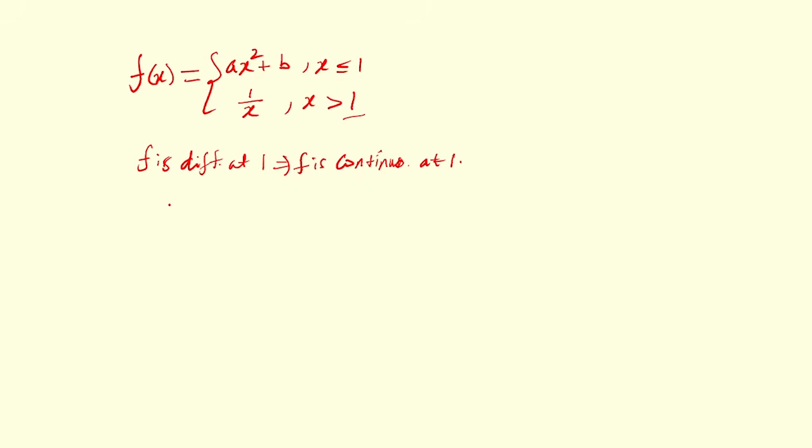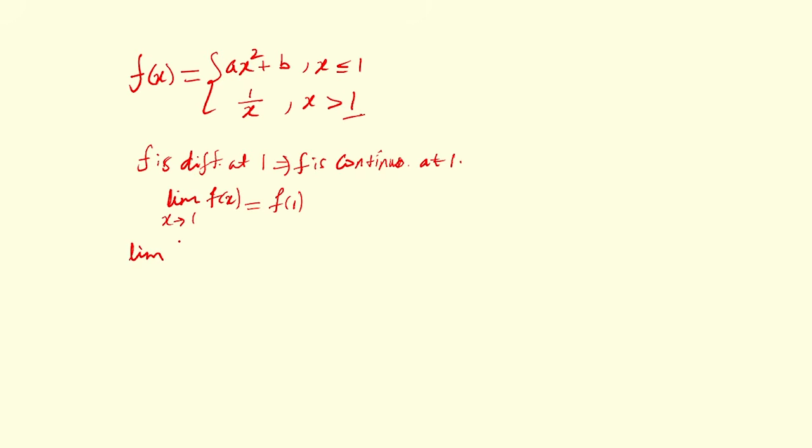Therefore, we have to check that the limit of f of x as x approaches 1 is equal to f of 1. But look, the limit at 1, but the function is split at 1. Therefore, we have to find the limit from one direction, the one-sided limit.